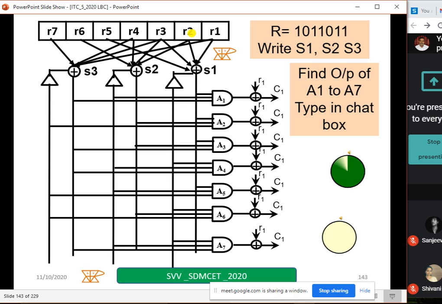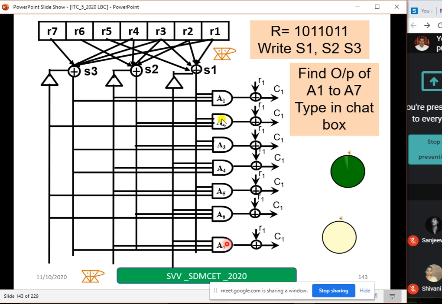Now, say S1 is 0, S2 is 0, S3 is 0, 1, 0. I want you to write the output of A1, A2, A3, A4, A5, A6, A7. For example, here S1 is 0. When S1 is 0 and I connect S1, automatically the A1 output will be 0.